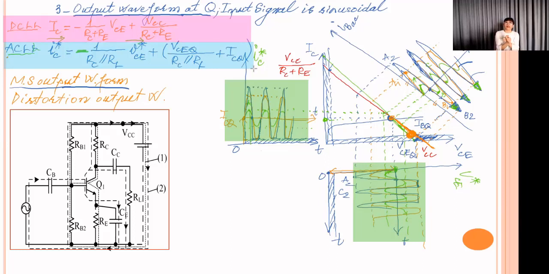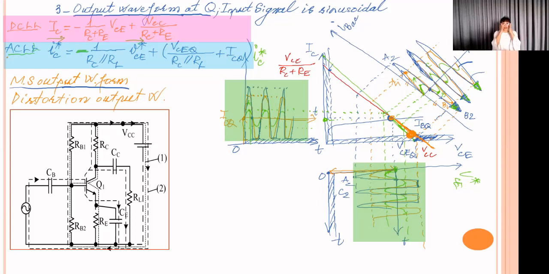The first question relates to the AC, DC Q point, and the DCLL, DC load line. And the third question is about the output waveform and the AC load line.